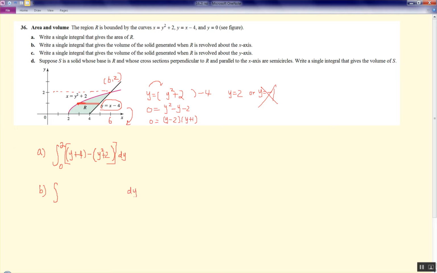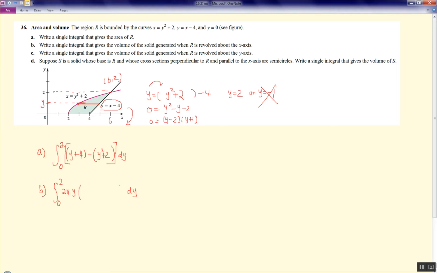The way we slice it is going to be dy, a horizontal slice, for the same reason as before. This slice goes from 0 to 2. And here, the cylindrical shell method tells us it's going to be the circumference of the shell, which is 2 pi times the radius. The location of the slice is y, so the radius is going to be y, right?